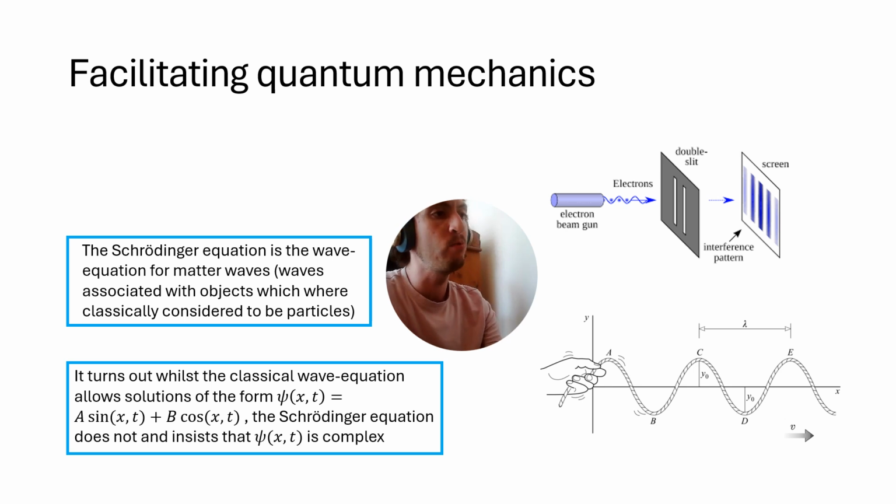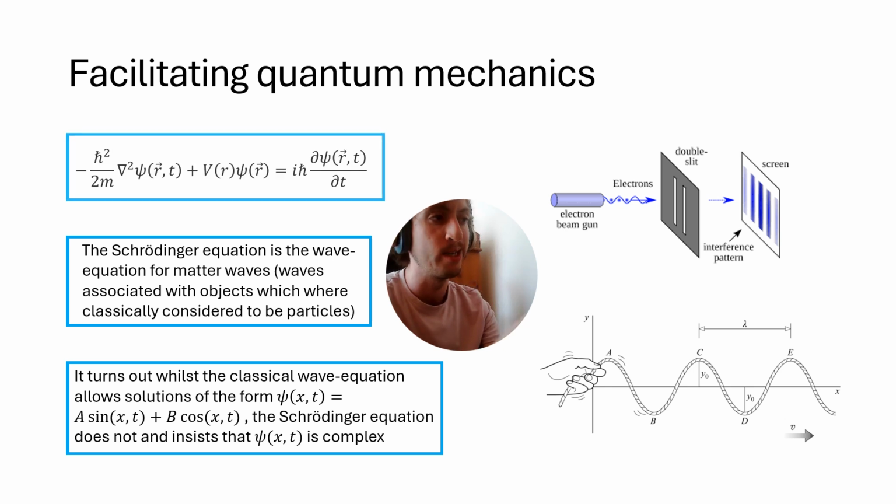And for those of you who are curious what the Schrödinger equation in its full time-dependent glory looks like, I have it here on the screen. It might not be obvious that the solutions to it are complex or have to be complex, but I thought it was worth sharing anyway.